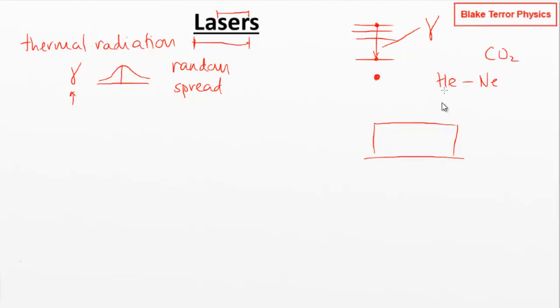So you've got some kind of material, and this is then pumped with energy. You've got to put energy in order to get the energy out. We're not just magicking up energy from somewhere. You pump this energy in, so it might be pulsing light at it, or pulsing electricity at it.